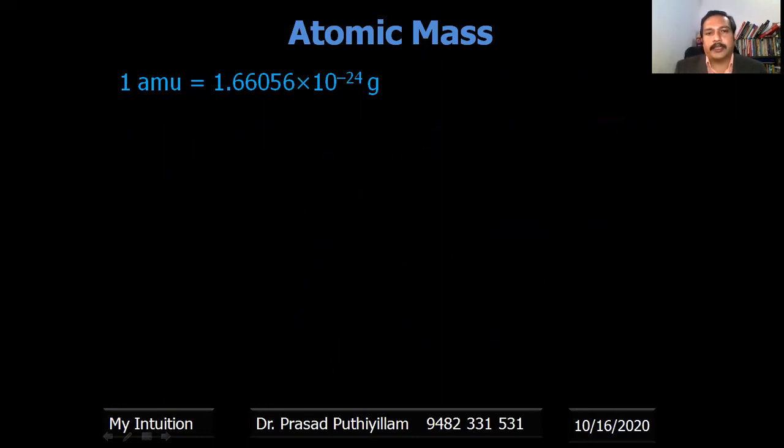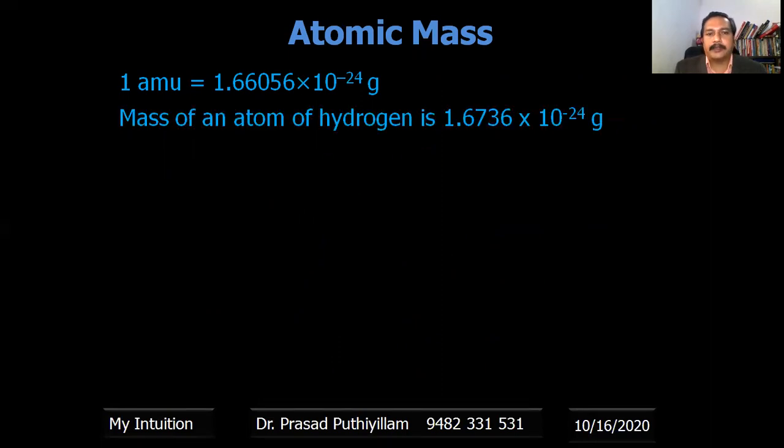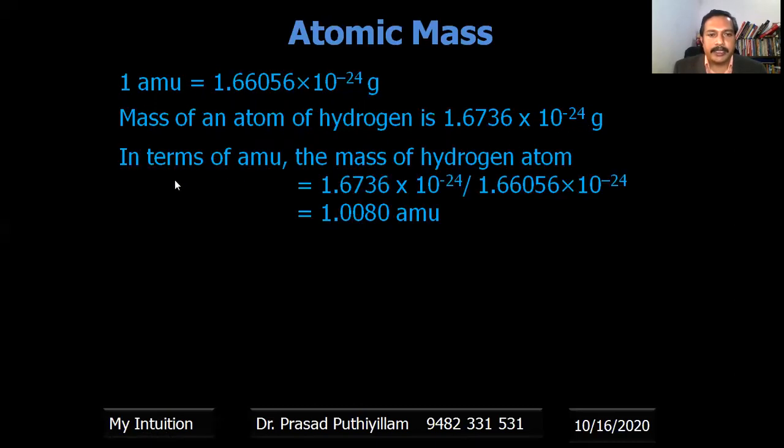So we'll calculate the AMU of hydrogen. The mass of an atom of hydrogen is calculated as 1.6736 multiplied by 10 to the power minus 26, that is mass divided by Avogadro number. In terms of AMU, the mass of hydrogen you can calculate as 1.6736 times 10 to the power minus 24 divided by 1.66056 times 10 to the power minus 24, which becomes 1.0080 atomic mass unit.